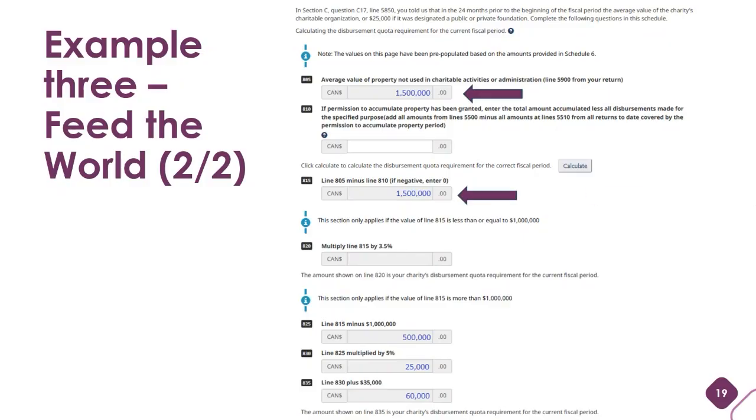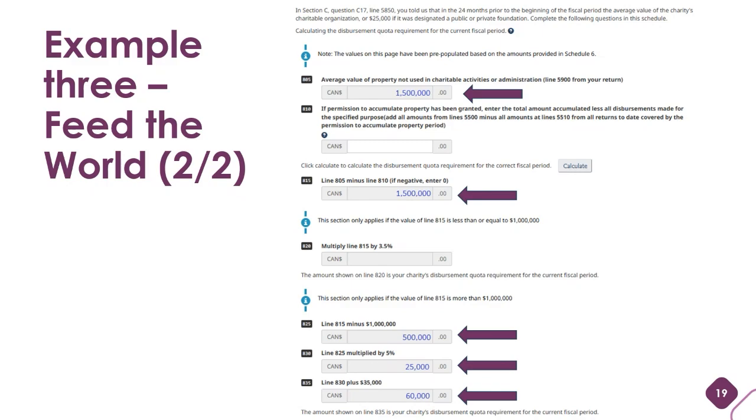In order to do the calculation correctly, you would take line 815 minus $1 million and add that amount to line 825. Then multiply line 825 by 5% and add that amount to line 830. Then take line 830 and add $35,000, which is $1 million multiplied by 3.5%, and add the total, the DQ amount, to line 835. This number will also go into line 840, which is on the next page in Schedule 8 of the online return.